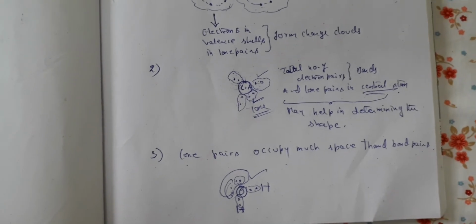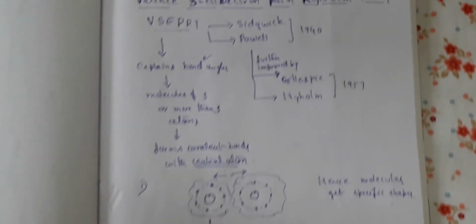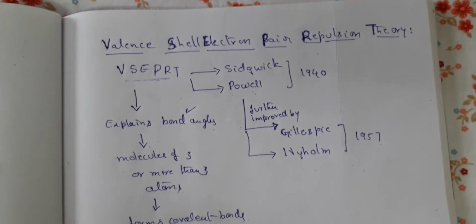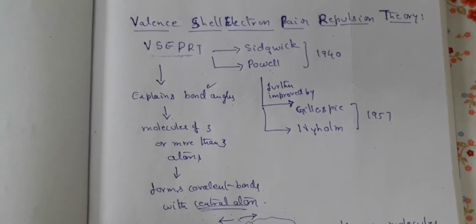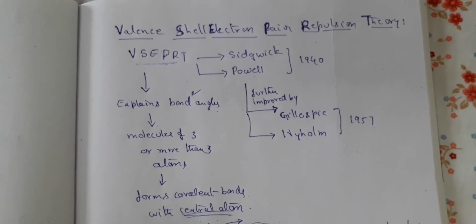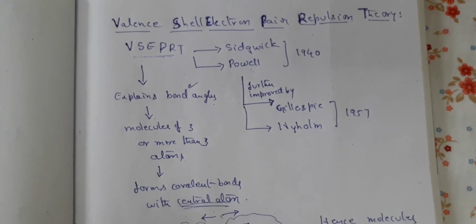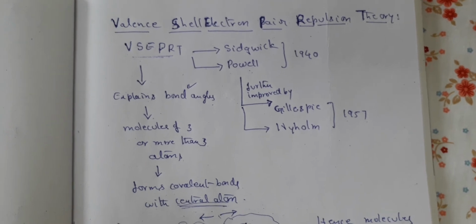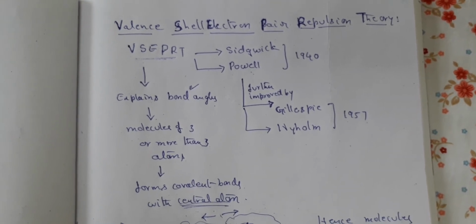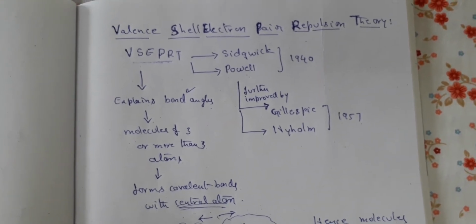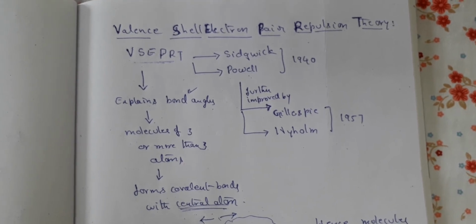Right? So this is how we can explain why there are different shapes and different angles in bonds. Okay, children, pause the video for a moment. Take the screenshot. We are discussing valence shell electron pair repulsion theory. It is not electron repulsion, it is shell electron pair repulsion. Why?